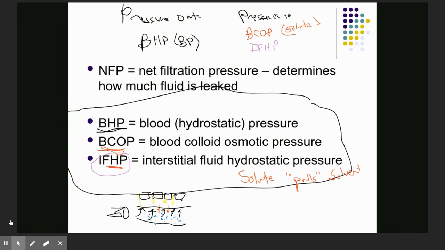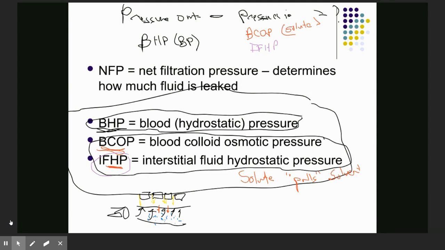So what we're going to do is take pressures out minus pressures in, and we're going to get a number. And again, the pressures out are this one. There's only one. The pressures back in are these 2. Now, you don't have to calculate anything.